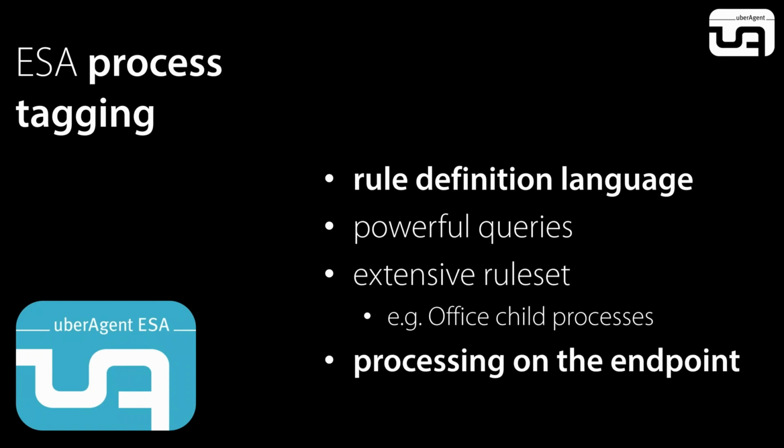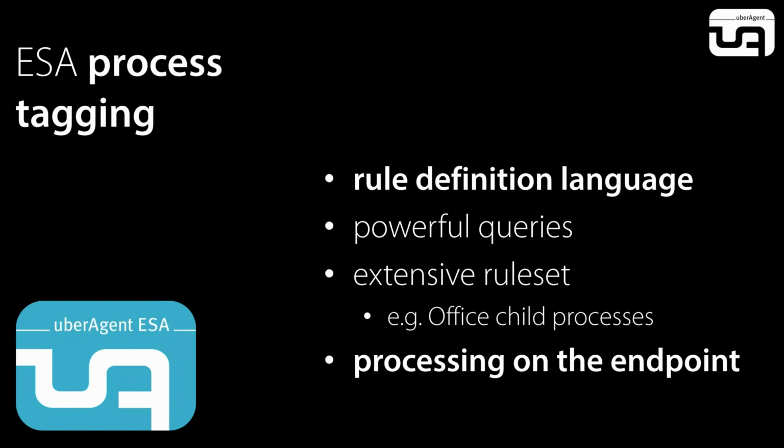Okay, so with ESA, all of the processing happens on the endpoint. uberAgent ESA is basically an endpoint agent, an extension to our existing agent. And the good thing about that is, as I mentioned on the previous slide, it can do some analysis and filtering before sending the data off to a backend system for storage and further processing.